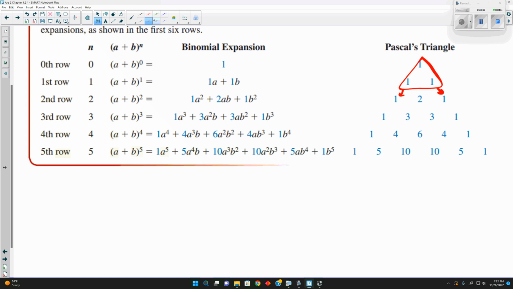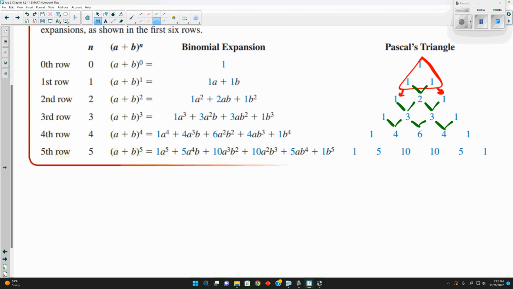But inside the triangle, they add together to give us the next number. So 1 and 1 add together to be 2. 1 and 2 add together to be 3. 2 and 1 add together to be 3. We expand down, so we have 1 and 3, 3 and 3, 3 and 1.